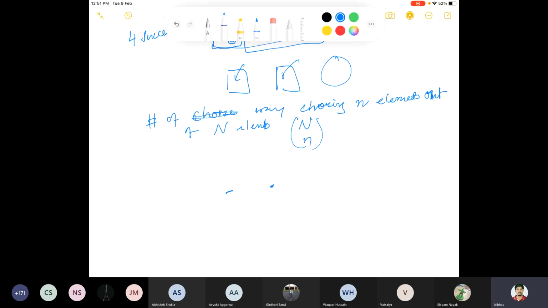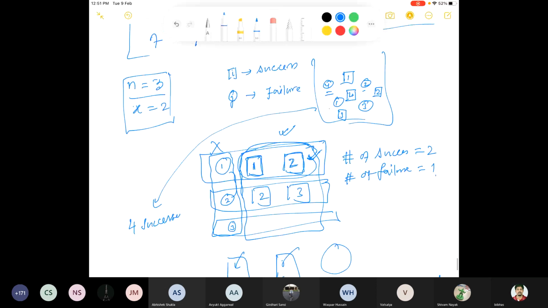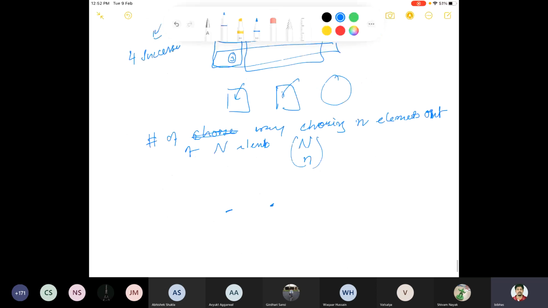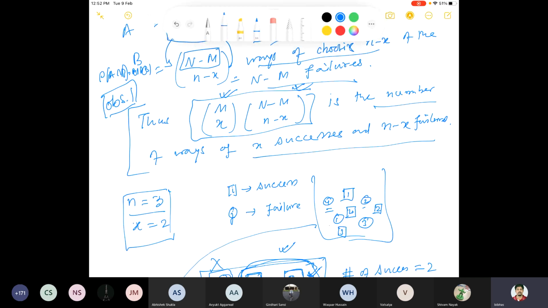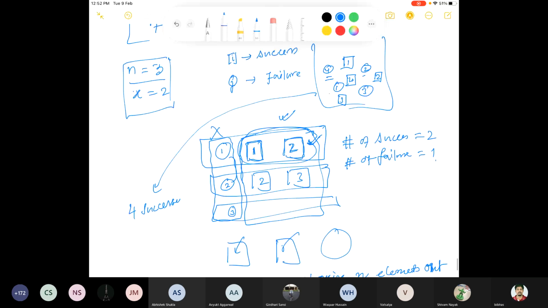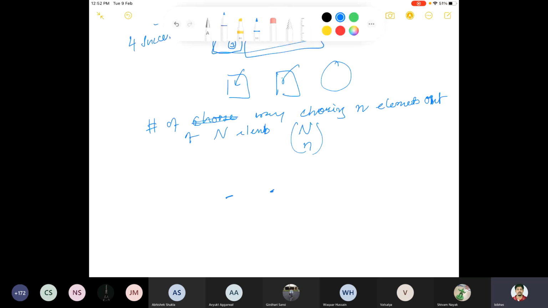So then what can I say? This is the number of ways I can choose n elements, and out of that, this is the number of ways that give x successes and n minus x failures. So what is the probability? Here I am assuming that all are equally likely.